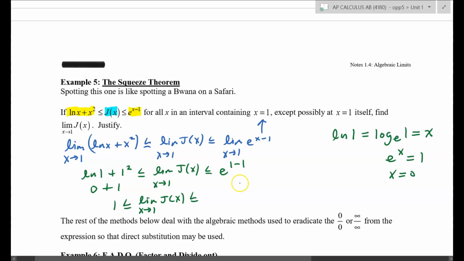And this is equal to e to the 0. And what's anything to the 0 power? It's 1. So did it squeeze? It did, right? So the limit of j of x has to be 1. And there's our justification, right?